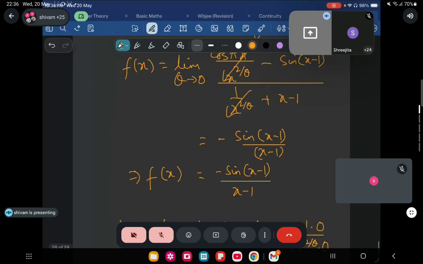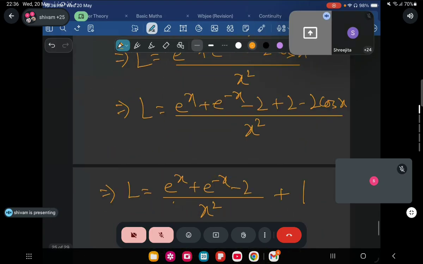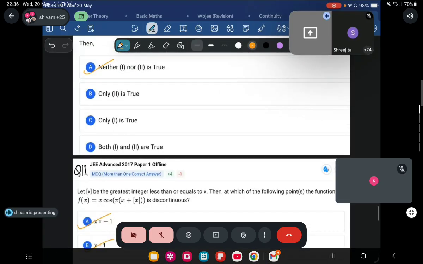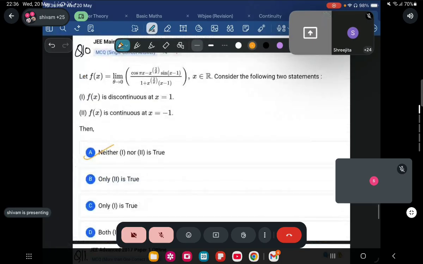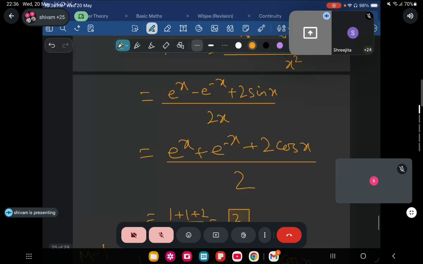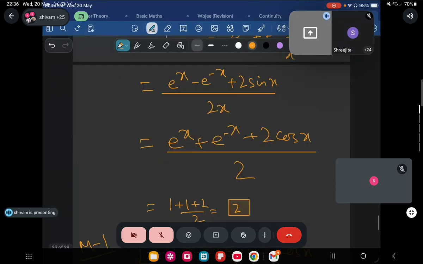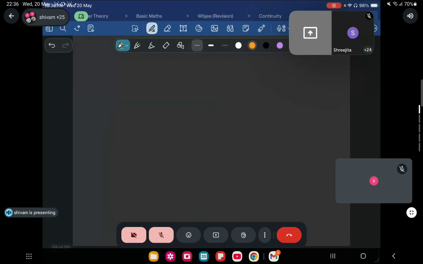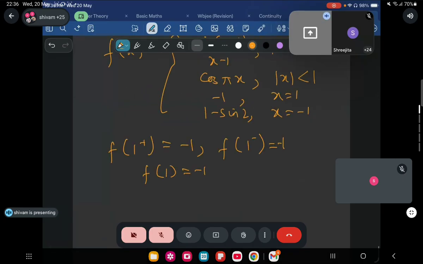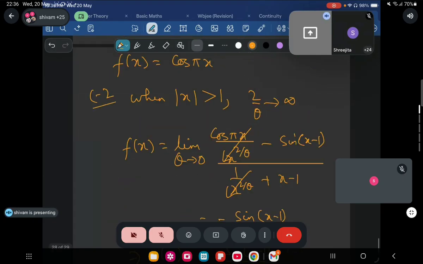So it is continuous at x equal to 1. What are the options? It is written discontinuous at x equal to 1. So statement 1 is not true. Statement 2 says continuous at x equal to -1, so we have to check -1 plus and -1 minus. I think the rest you can solve it. Okay, next.